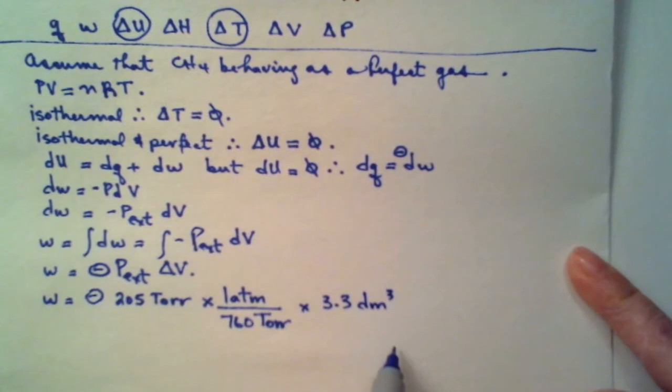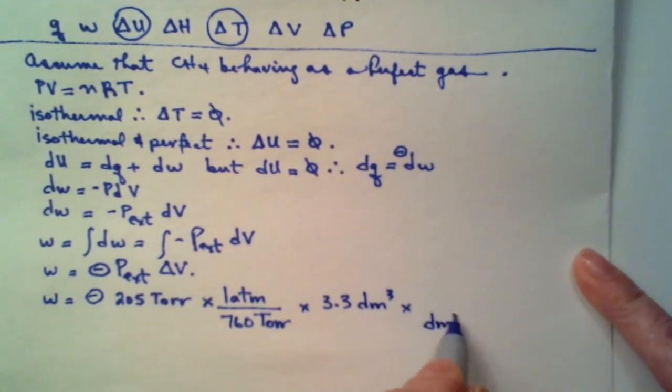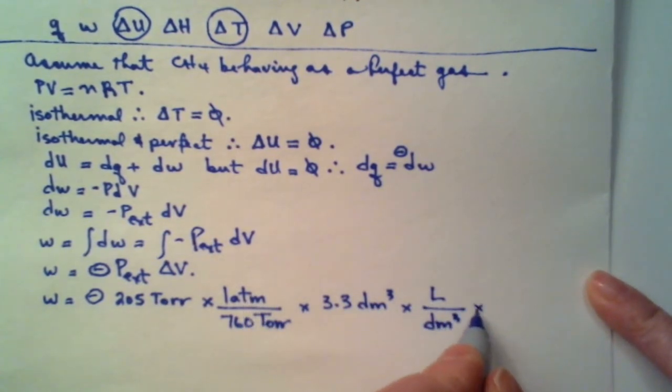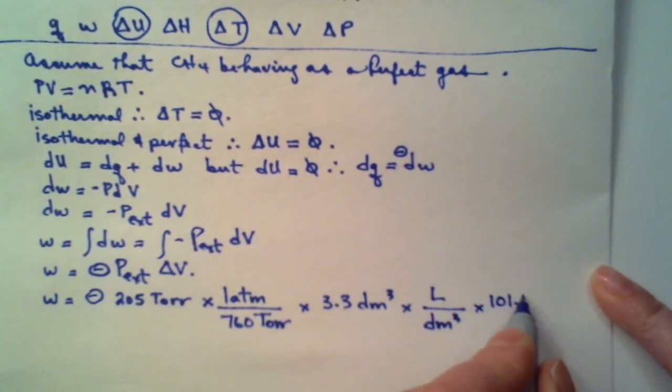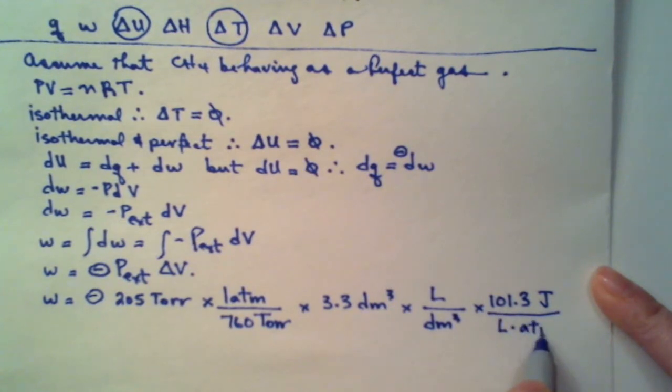That's what was given in the question. And of course I know that a decimeter cubed is a liter. Now before we swing back over here, torr, atmosphere, I'm going to be left with liter atmosphere, and so I want to convert that all in the same solution line, that I have 101.3 joules per liter atmosphere.